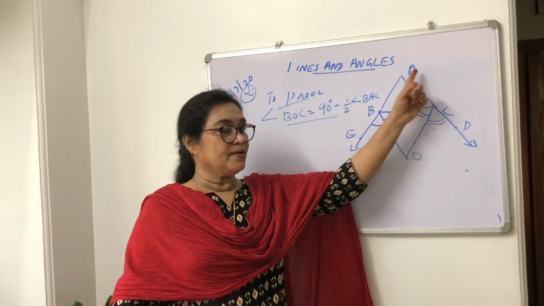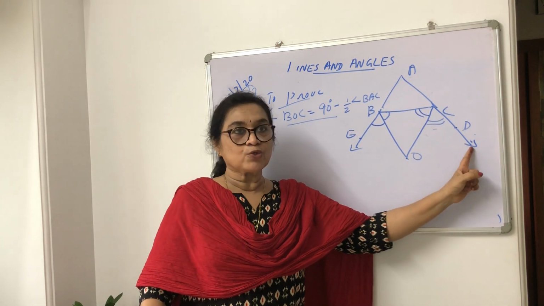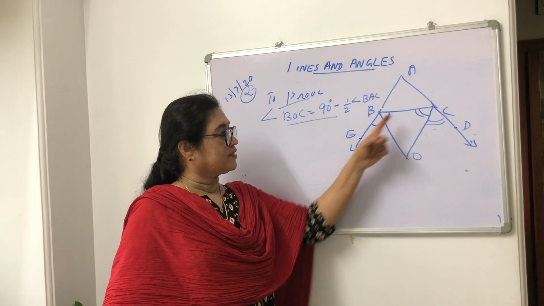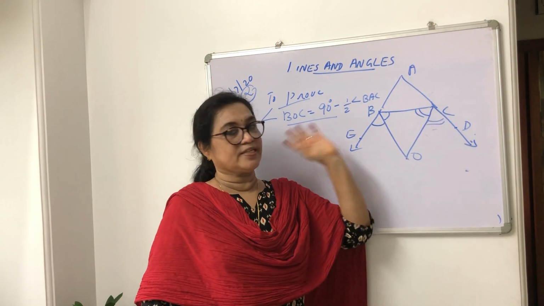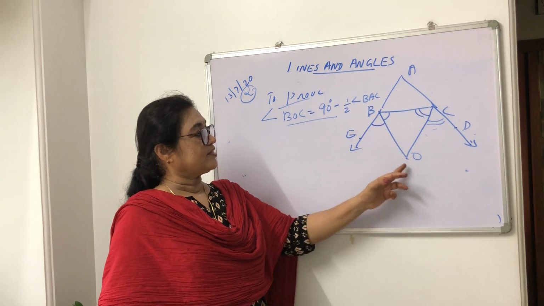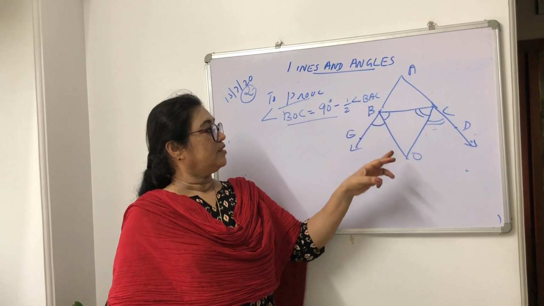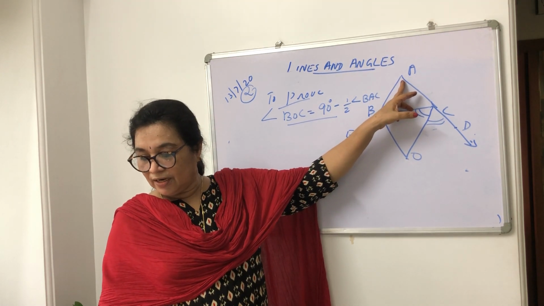Triangle ABC. AB is produced to E. AC is produced to D. BO is the bisector of angle CBE and CO is the bisector of angle BCD. Only this is given. You need to prove BOC is 90 minus half of angle BAC.